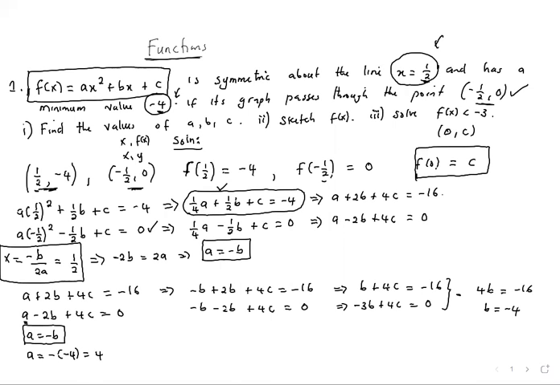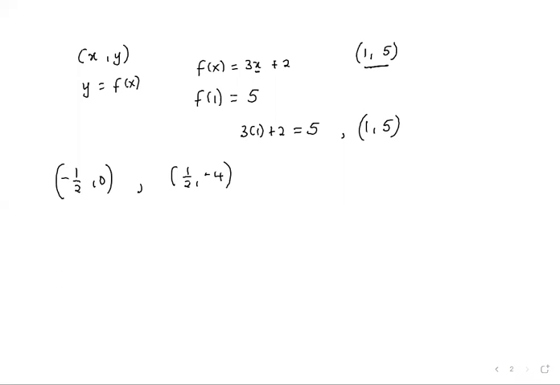So now, if you understand what a point means, then we must have that if in the function f you take negative half, you must get 0. If in f you take half, you must get negative 4.